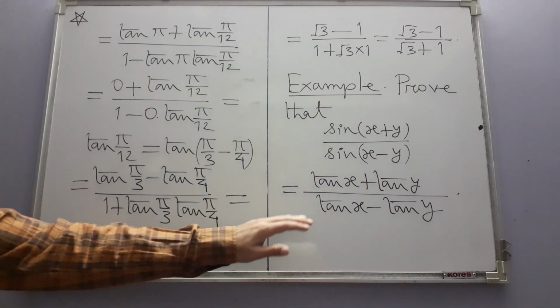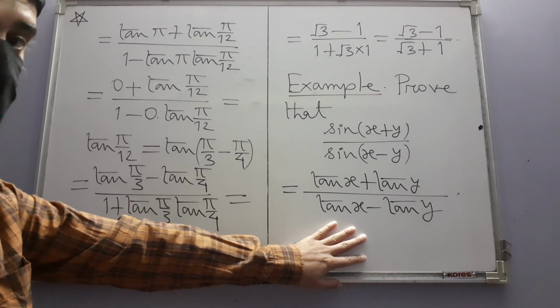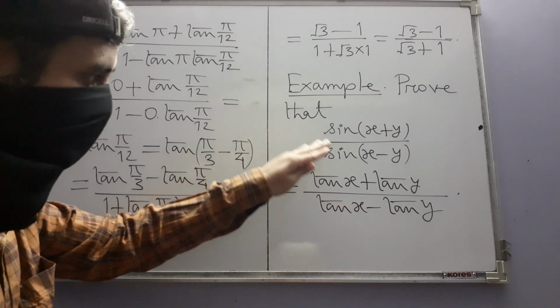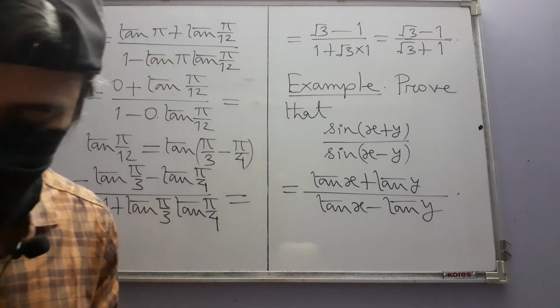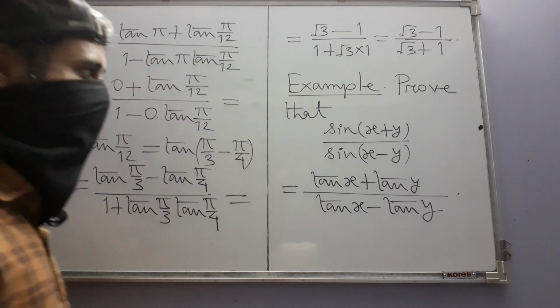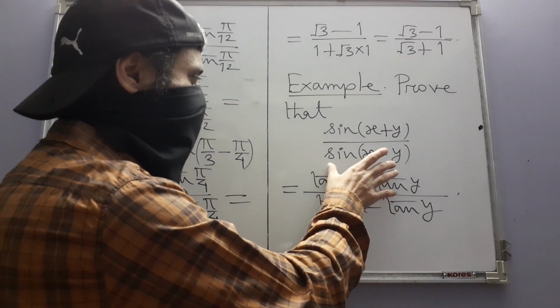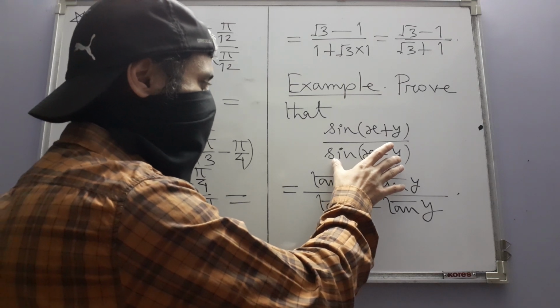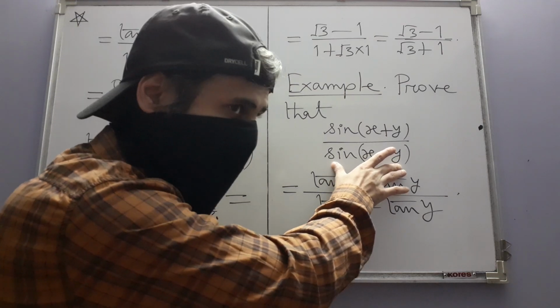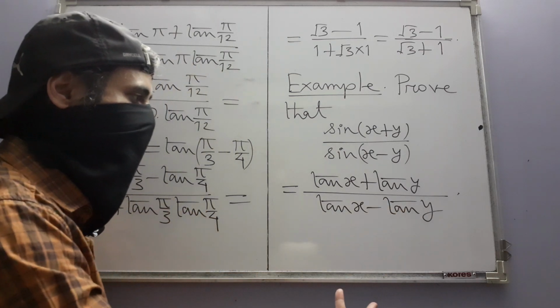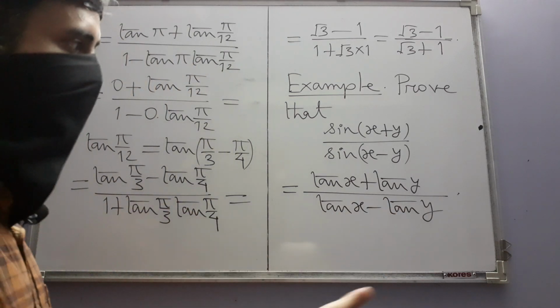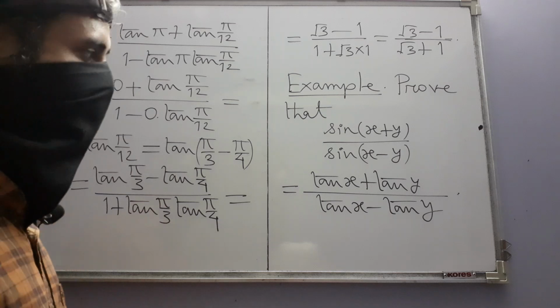When you see some such, I should say, careless identities, why do I make this remark? That's because we are not saying anything about how this denominator is not equal to 0. We are not putting any restriction on x and y.